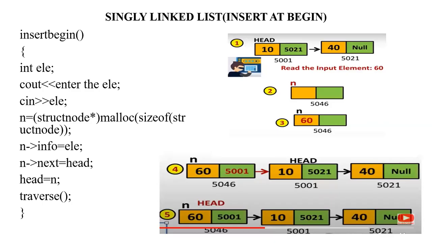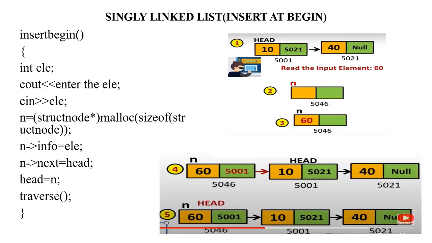So this way you can insert the node in the first position. So 5001 will be in the link part of the new node which has been created, that is 60, and the link part is going to be 5001, and the head, which was initially pointing to 5001, is going to be moved to 5046.